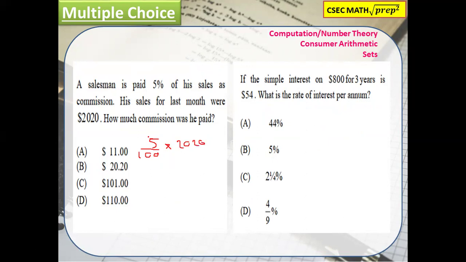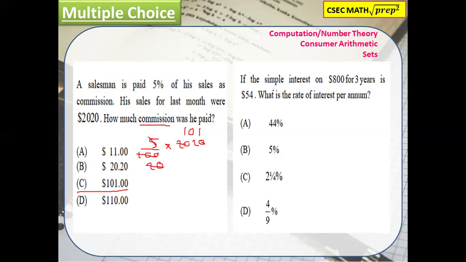Naturally, we know that 5 can go into 100 20 times. And then we know that 20 into 20 goes 1. 20 cannot go into 2, 0 times. And then including the other 0, 20 into 20 goes 1. That's it, our answer. 101 is the commission that is paid.